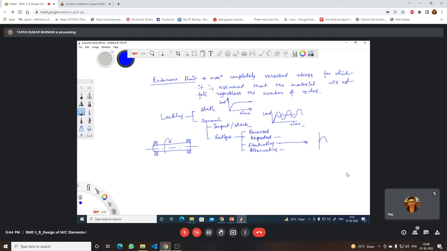Say your loading is like this. Say my axis is here. This is called the origin. Basically sigma versus t, t is time here.